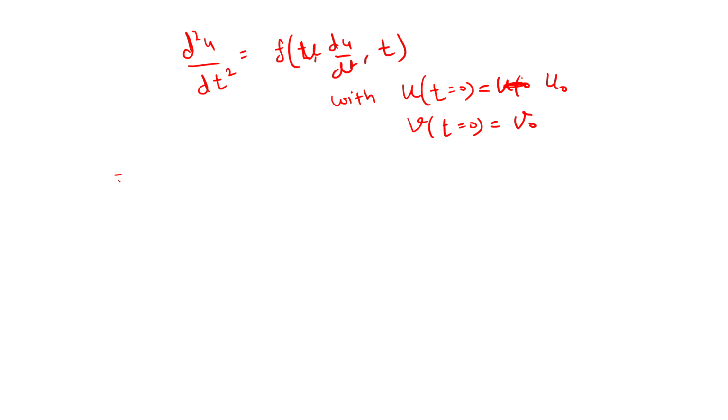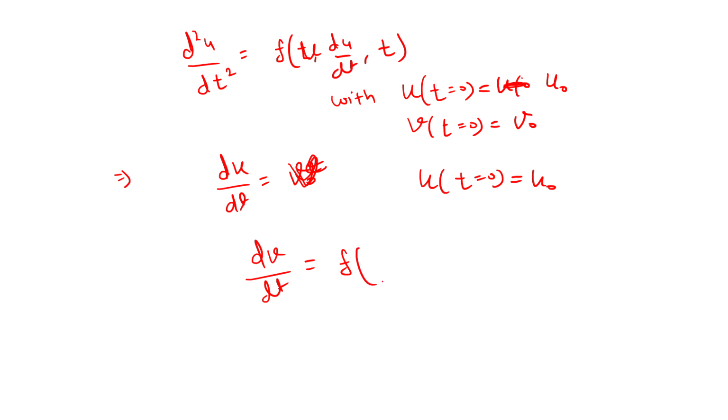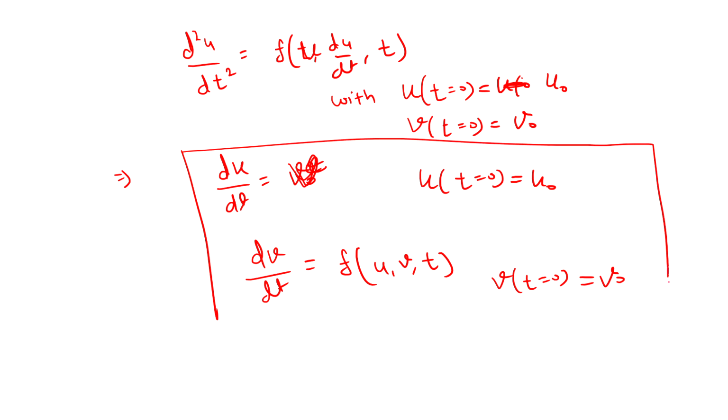So this gives me two ODEs. The first ODE is du over dt is equal to v, and it's given that u at t equal to 0 is equal to u naught. The second ODE is dv over dt is equal to f of u, comma v, comma t, where v at t equal to 0 is v naught. So this becomes my system of two equations.